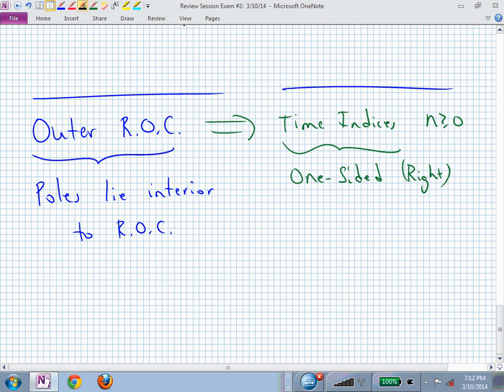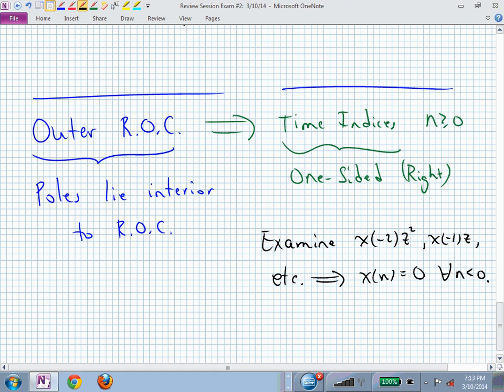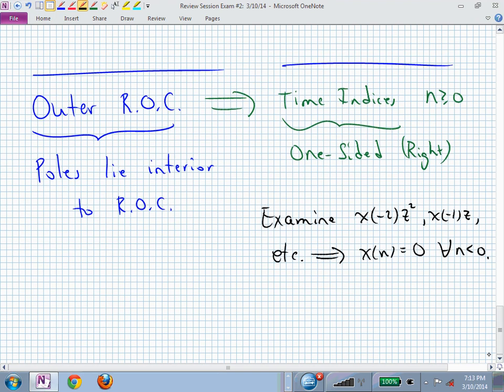And if you wanted to, you could then do what we just did, was to examine x of minus 2, z squared, x of minus 1, z, etc. That implies then that x of n must equal 0 for all n negative, for an outer region of convergence.